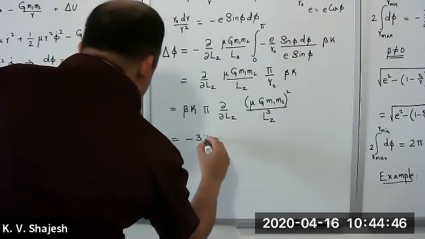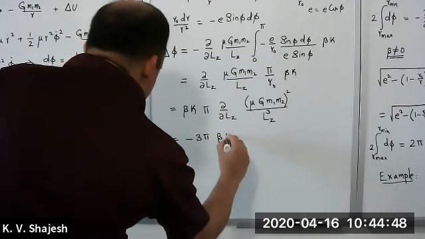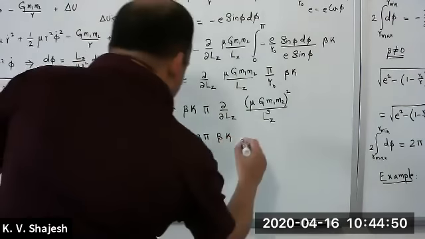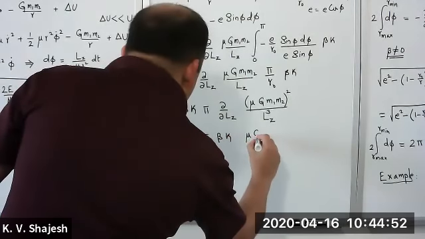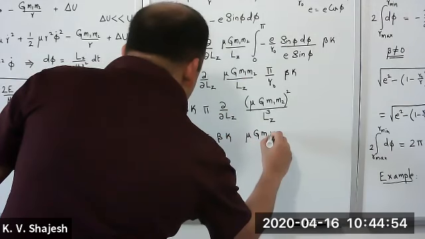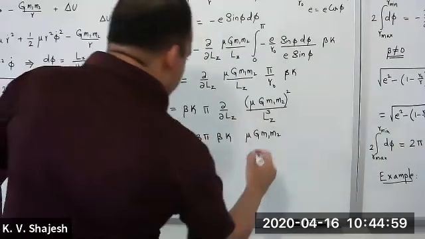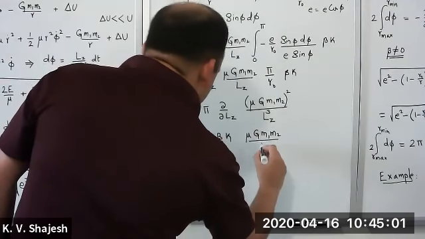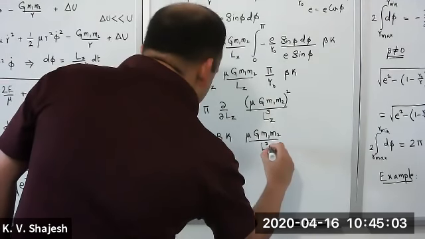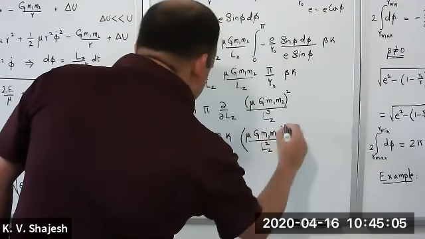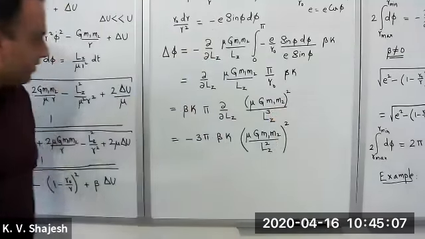pi times beta kappa, and I have mu G M1 M2. This becomes lz raised to 4, so I can write that as lz square and square, correct?